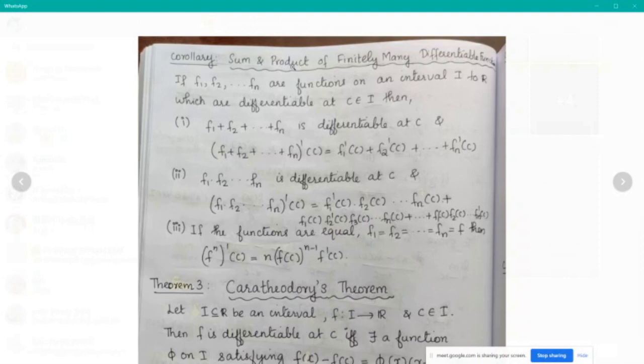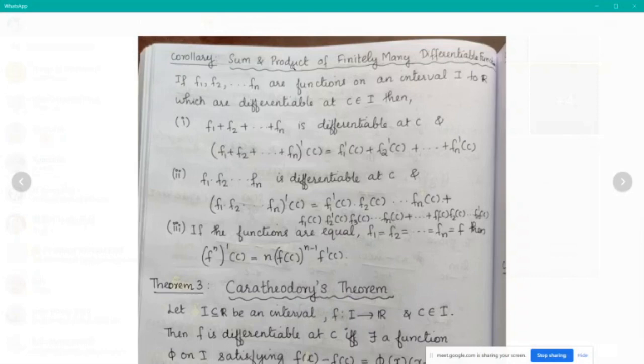ഒരു ഫംഗ്ഷന്റെ ഒരെണ്ണത്തിന്റെ ഡെറിവേറ്റീവും ബാക്കിയുള്ള n-1 ഫംഗ്ഷൻസിന്റെ ജസ്റ്റ് വാല്യൂ അറ്റ് ദറ്റ് പോയിന്റും, അതായത് f of c into f dash c into n-1 times f of c multiply ചെയ്താൽ f of c power n-1 into f dash c.